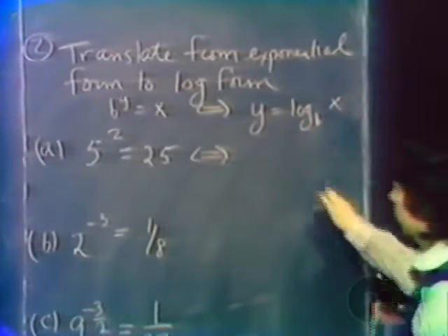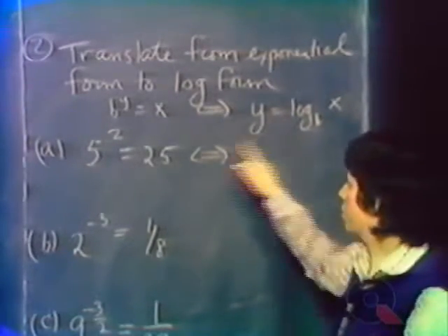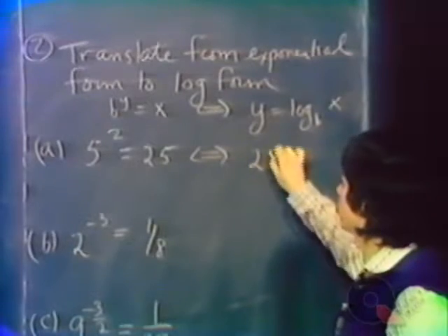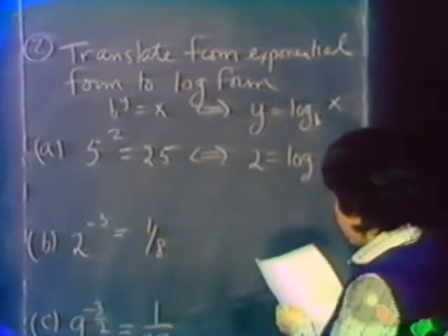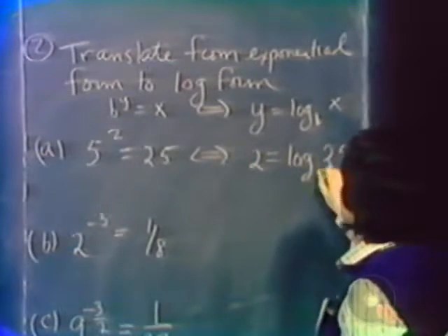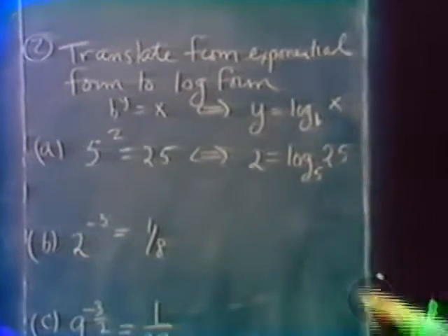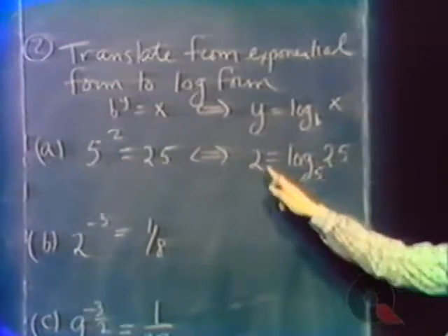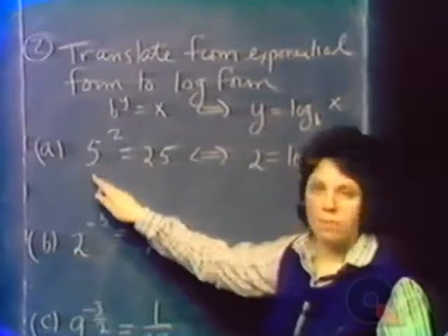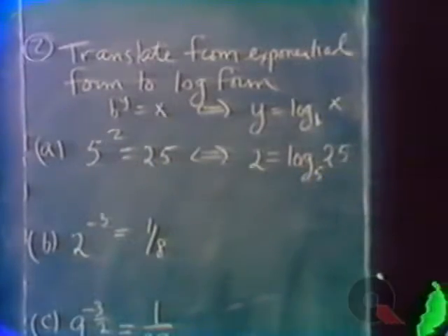All right. Over here, an equivalent expression following this would be that 2 is the log of 25 to the base 5. 2 is the log. It's the power that you would have to raise the base 5 to get 25.